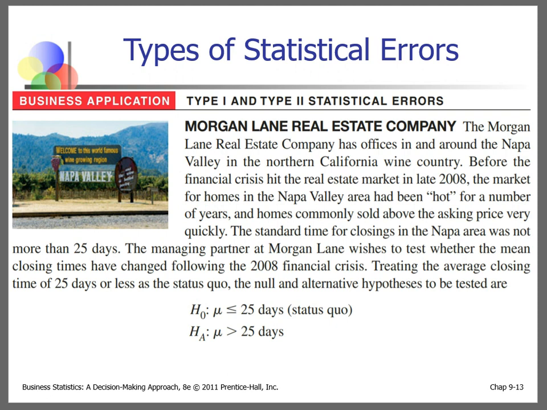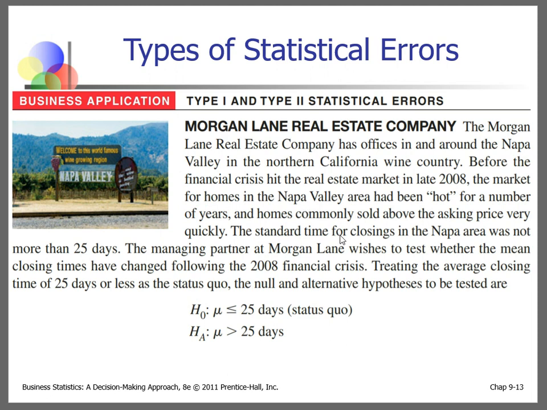To illustrate this, let us look at this scenario. The Morgan Lane Real Estate Company has offices in and around the Napa Valley in the Northern California wine country. Before the financial crisis hit the real estate market in late 2008, the market for homes in the Napa Valley area had been hot for a number of years, and homes were commonly sold above the asking price very quickly.